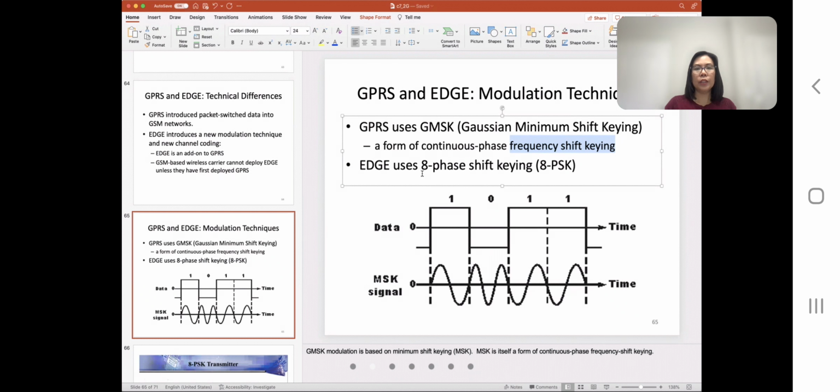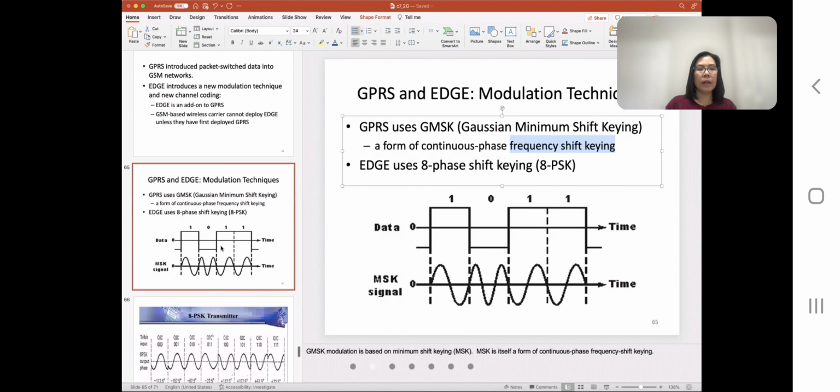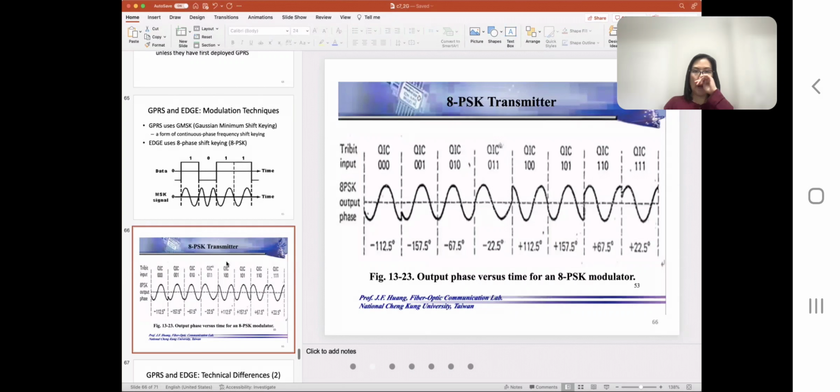And EDGE uses 8-phase shift keying. If you use 8 phases, then each phase can represent 3 bits. In this example, for 001 you change to a different phase, for 010 a different phase, and so on, by using 8 phases.